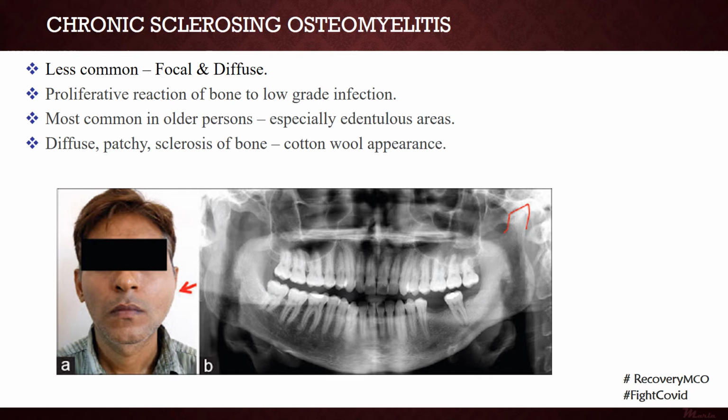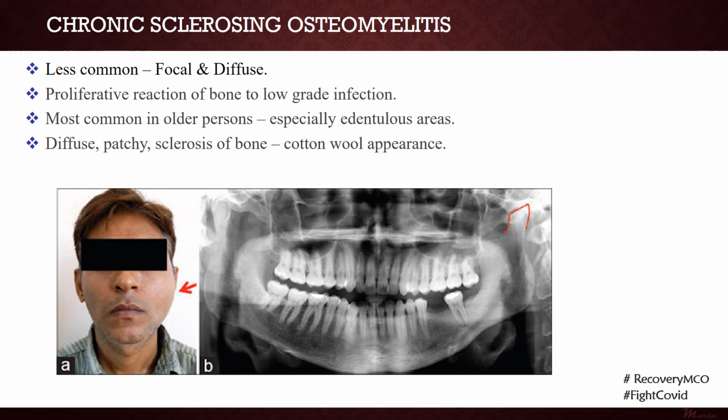Moving further, chronic sclerosing osteomyelitis. It is less common and presents as either focal or diffuse. We have already discussed the focal form, which is also known as condensing osteitis.